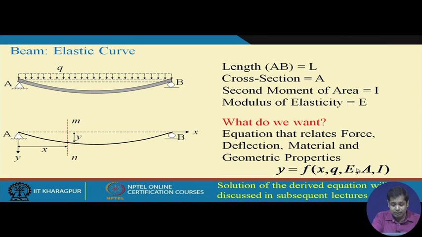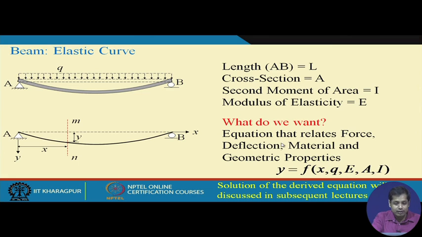The Young's modulus, the material strength, has influence on the deflection, and of course the geometry of the section also has some influence. Now what we want is to derive an equation which gives that relation.